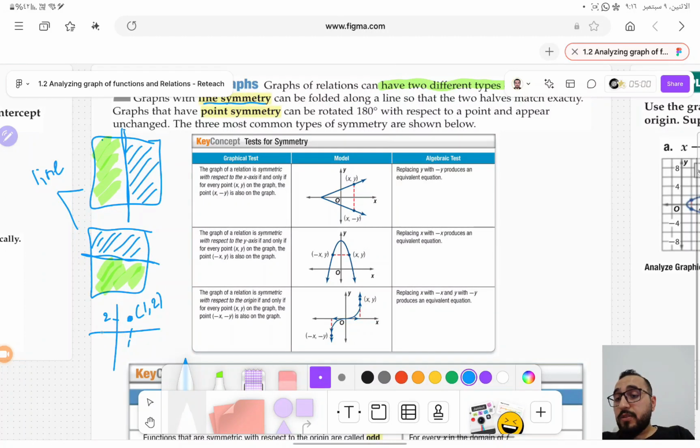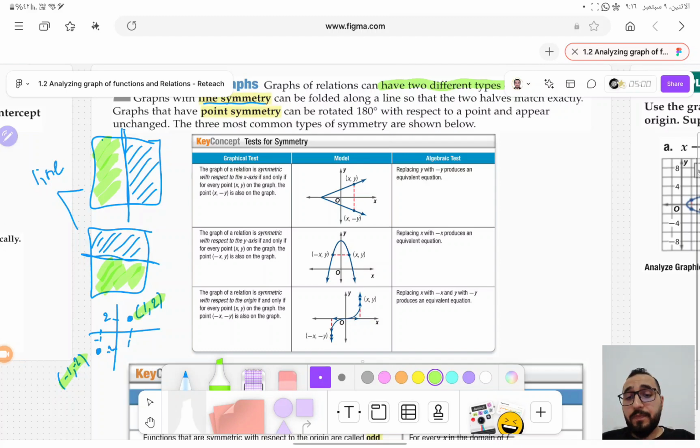Now if I tell you the point is somewhere here, what is its coordinate? You will tell me it is -1 and -2. If you look at these two points, they have the same values except with the sign changed.